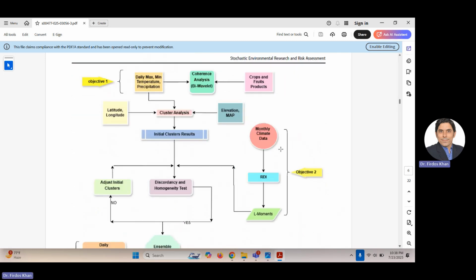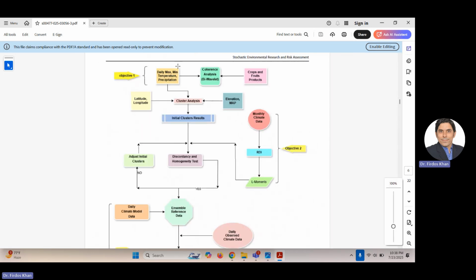Okay, so this is the flow chart of this paper, and you can see maximum and minimum temperature and precipitation and coherence analysis, that is bivariate crop fruit production, and using these variables we have done coherence analysis. This is objective one. The second objective needs latitude, longitude, elevation, and mean annual precipitation.